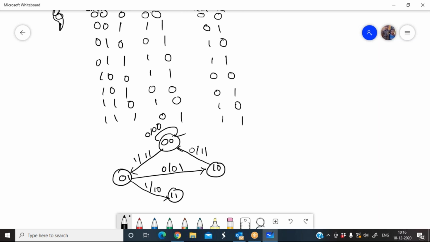Look at it once. If anything is wrong, then definitely you will get the wrong answer. Next, present state is 1 0. Input is 1. So next state is 0 1.